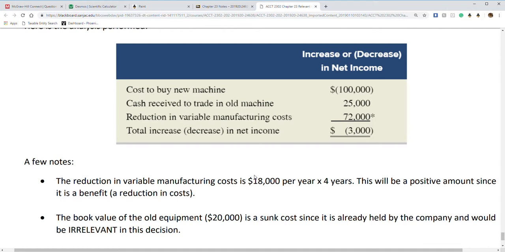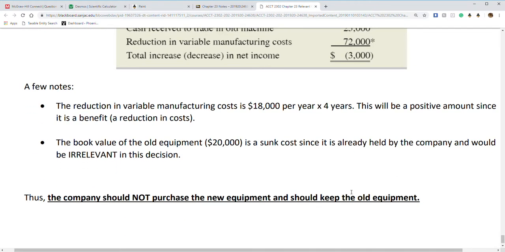So cash received from the old machine, 25, reduces it because now it's only $75,000 to buy the machine. But the reduction in variable manufacturing cost is only $72,000, or $18,000 per year times 4. This gives us a decrease in net income of $3,000. So overall, we lost $3,000 purchasing it.